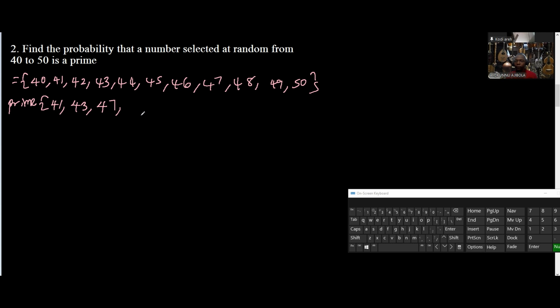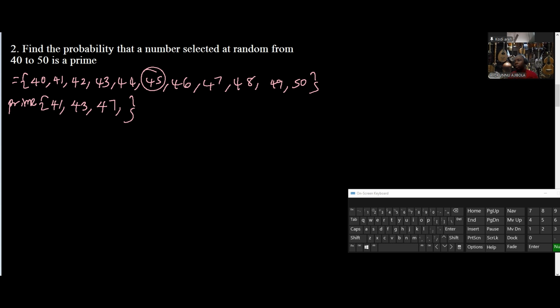Any even number has a lot of other things that can divide it. But any odd number might not have anything to divide it, or it might. Like 49 is an odd number, but 7 can divide it, so it's not a prime number. But 41, 43, and 47 are prime numbers because nothing can divide them.